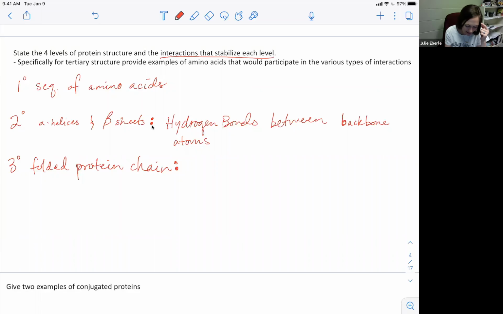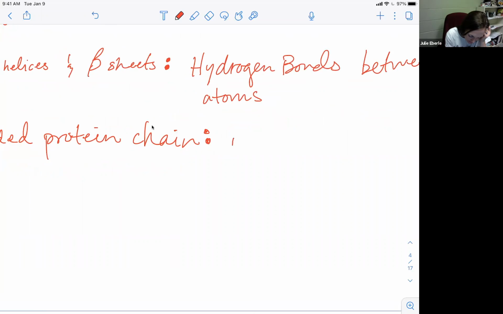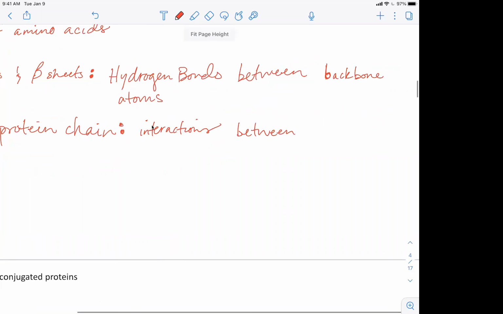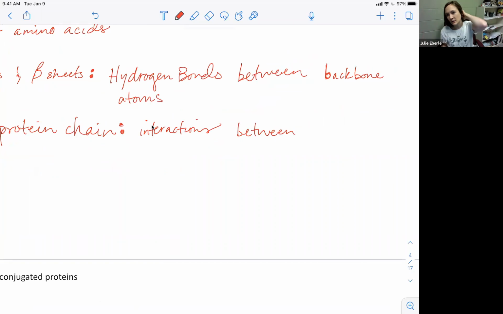That's one of them. Okay, these are interactions between, oh, it's between the two cysteine. That one is, but specifically all the different types of interactions are between side chains. Okay, between the R groups or the side chains.